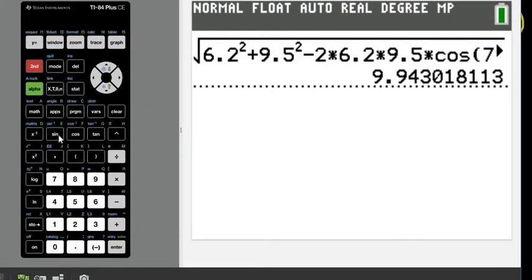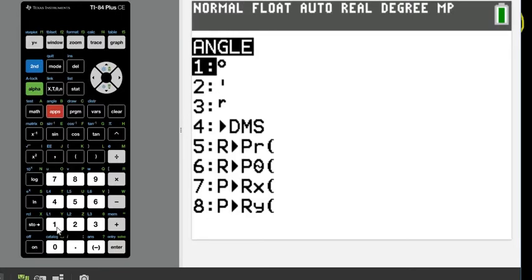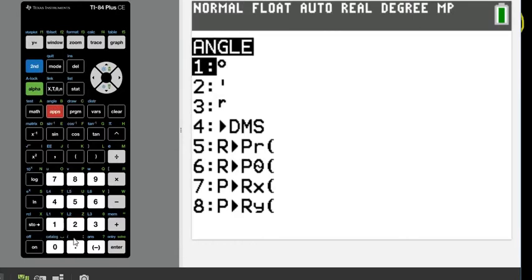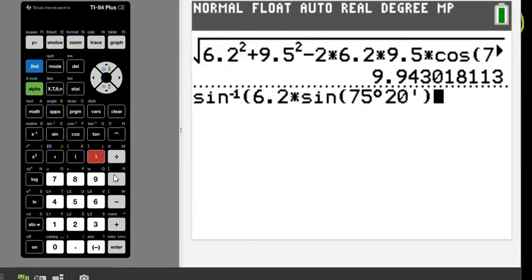So I would do second sine, 6.2 times sine of 75, and again it was second angle, option 1, 20 minutes, so I would do second angle, option 2, and then we would just divide it by 9.94.